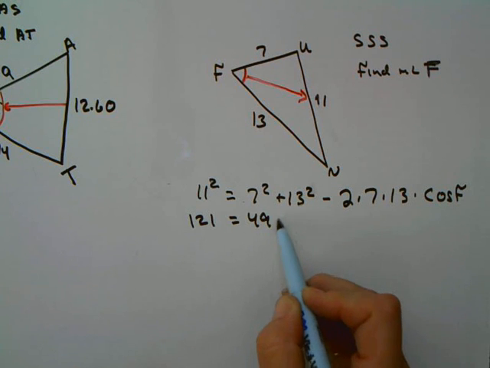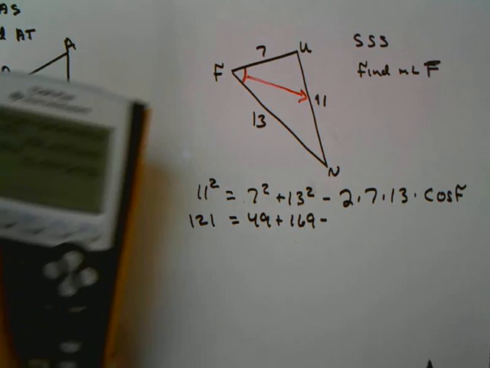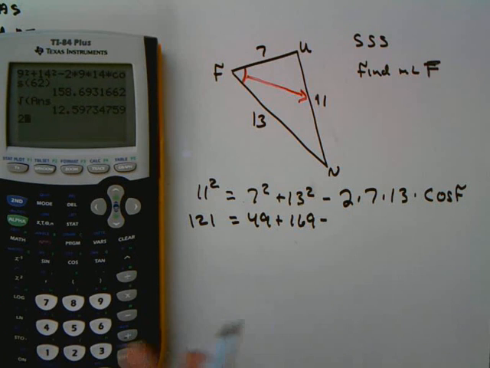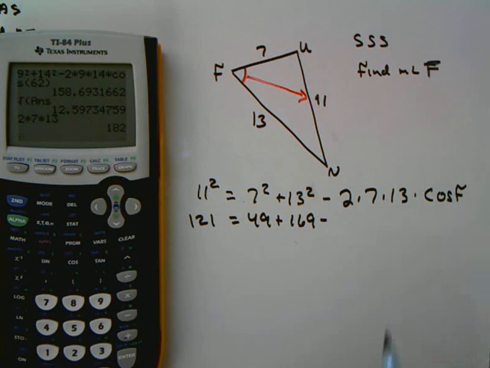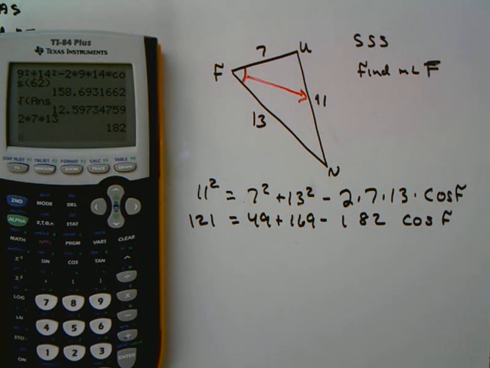So the next step, squaring: 121 equals 49 plus 169 minus, oh, I'm lazy today, so I'm going to say 2 times 7 times 13 and get 182 cosine of F. So you're going to treat this as if it was a variable, and you just solve it like you would any equation.